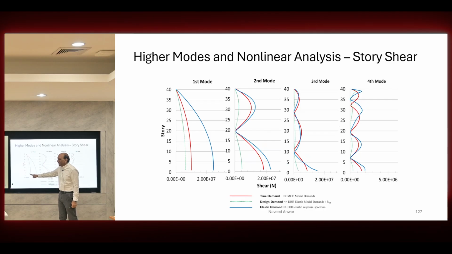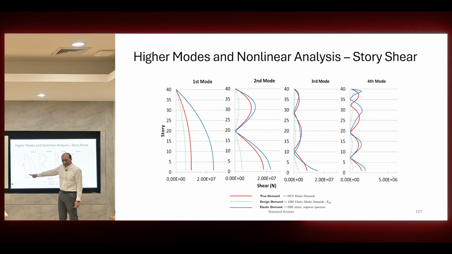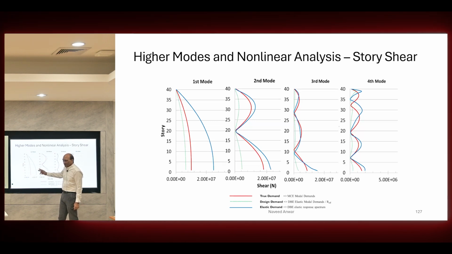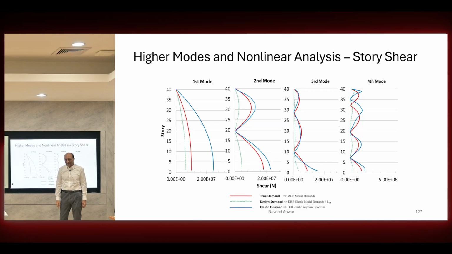And the green one is the demand reduced from linear to nonlinear by dividing by R. So for the first mode, everything looks perfect, because that is the elastic demand, that is the reduced demand, and this is the actual demand. The actual demand is still lower than the reduced code design. The code design is green, so you're fine, right? No problem.